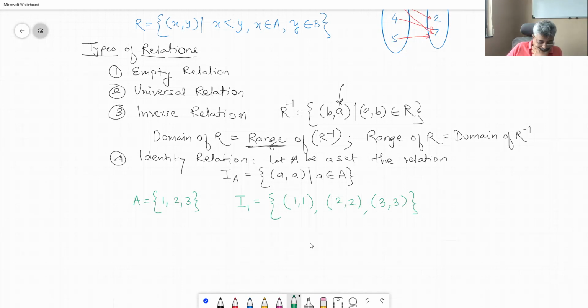But if at all you have another relation R1 which has (1, 1), (2, 2), (3, 3) and some more elements like (1, 3), then R1 is not identity.